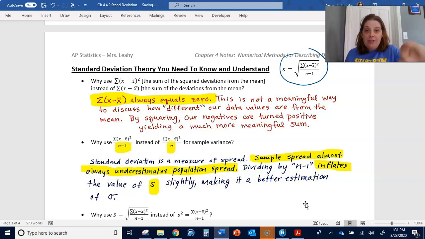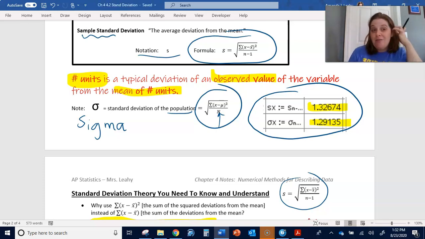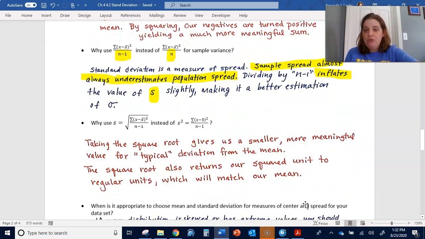So when you read your calculator, this is not saying that both of these numbers are correct, but one of them is n and one of them is n minus 1. This number has been inflated because it knows that if this data was drawn from a sample, then the real standard deviation is probably not 1.29. It's probably a little bigger, so it naturally inflates it, gives you that n minus 1, and gives you that 1.32, and that makes it a better estimate for what the true value is.